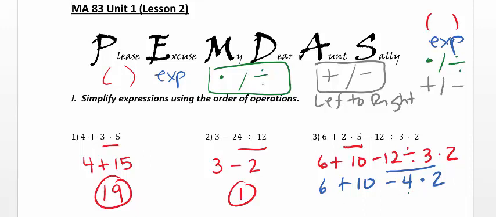The next operation I see is the 4 times 2, which would be next. So I can rewrite this as 6 plus 10, and then negative 4 times 2 is going to be minus 8. And now I can go ahead and add and subtract in order from left to right. So 6 plus 10 is 16. And then minus 8 is going to be 8.